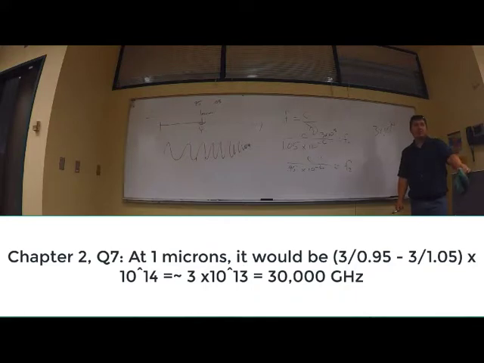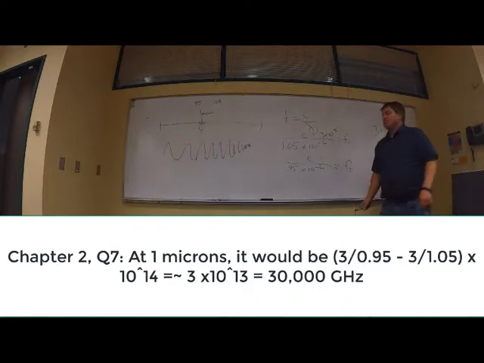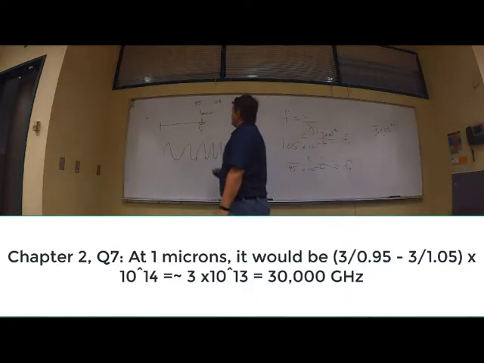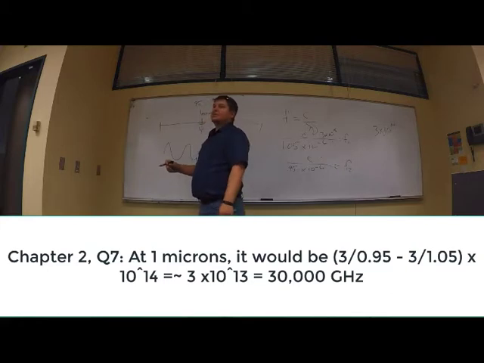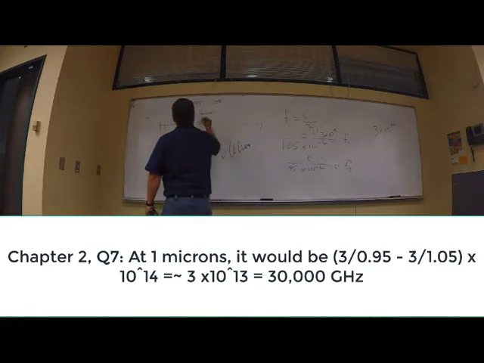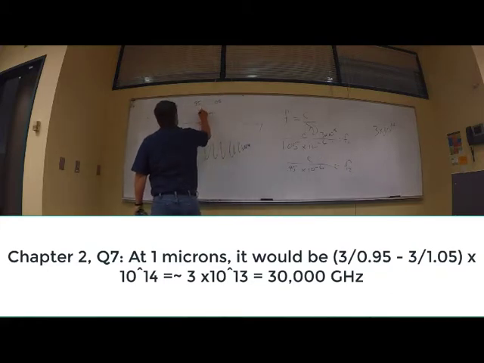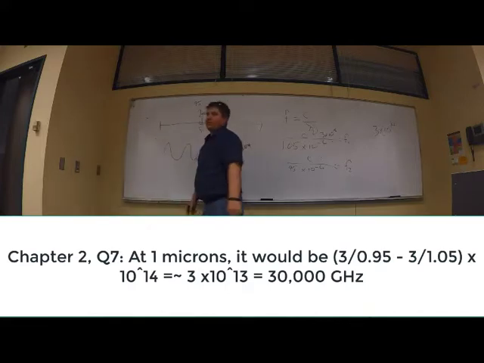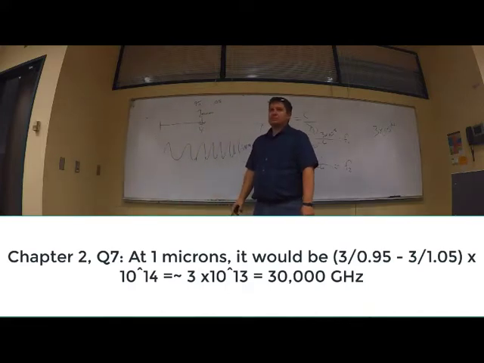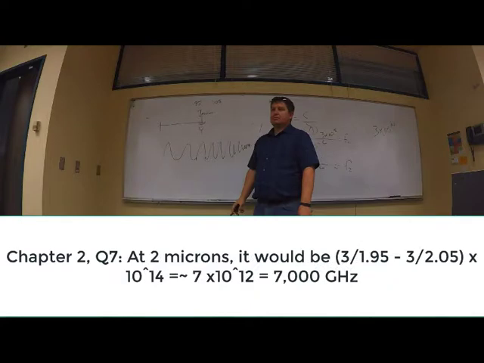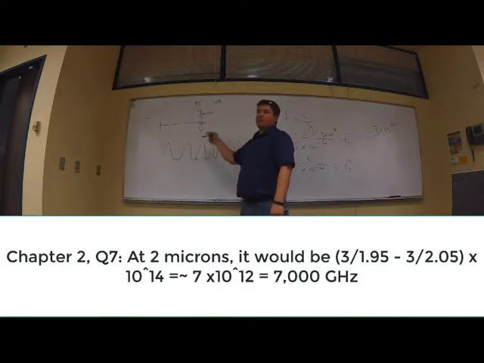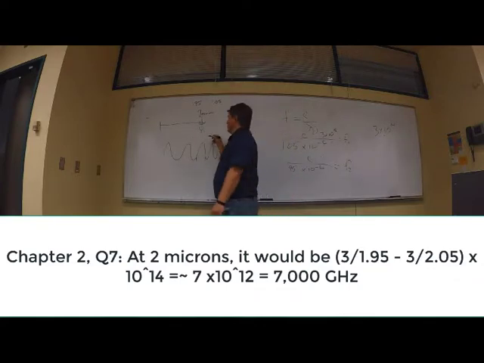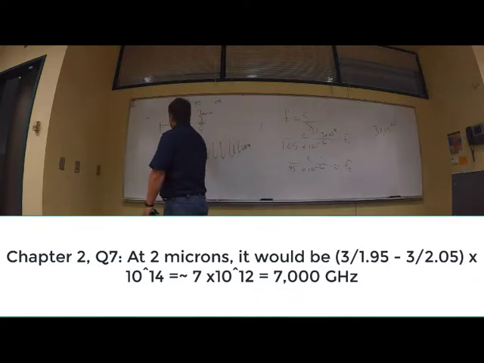So why do we have to break it down into 2 frequencies? All right, so this is why. What if I did the exact same question and put it at 2 microns? Two microns shifts it up or down? Right, shifts it down, the wavelength is longer.